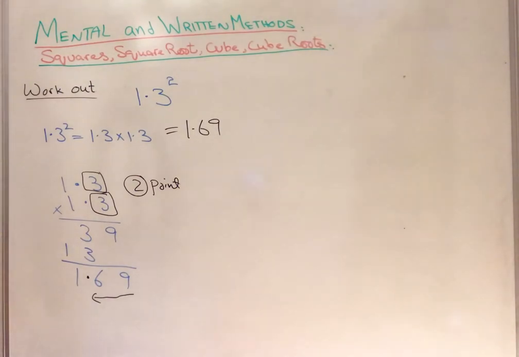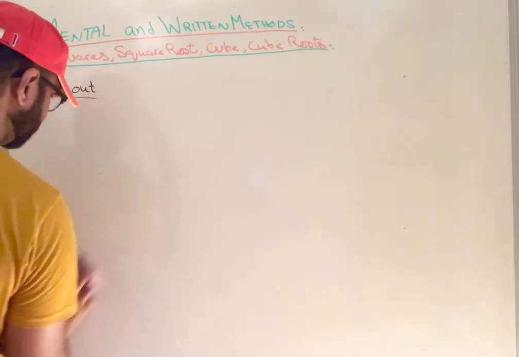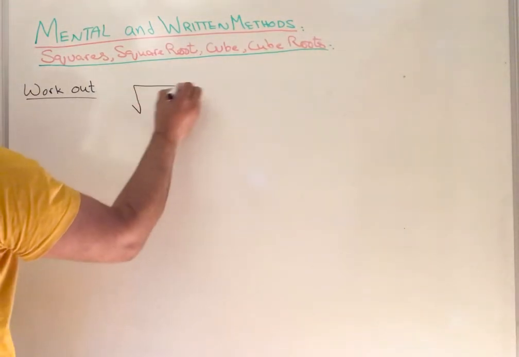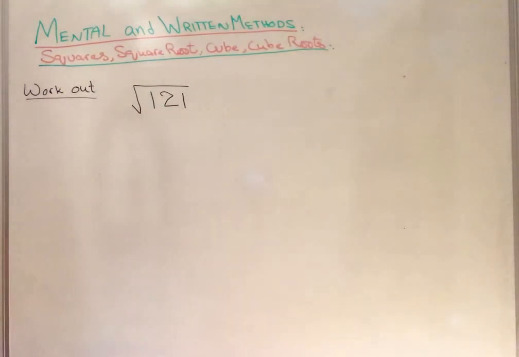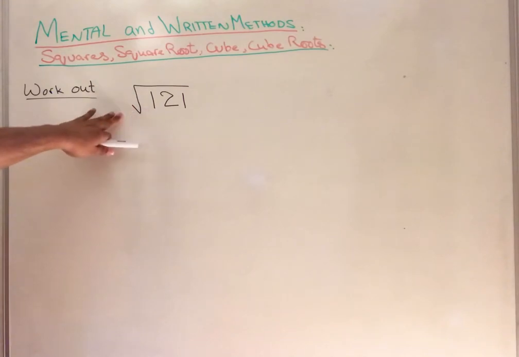So now we will move on to root questions. The square root of 121. When there comes a square or square root, this shows it is a square root.